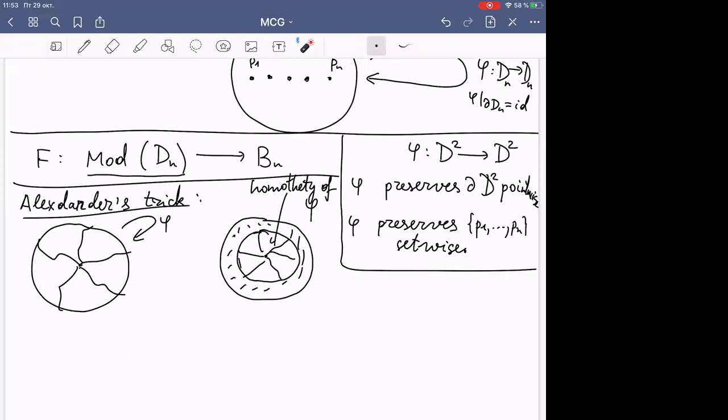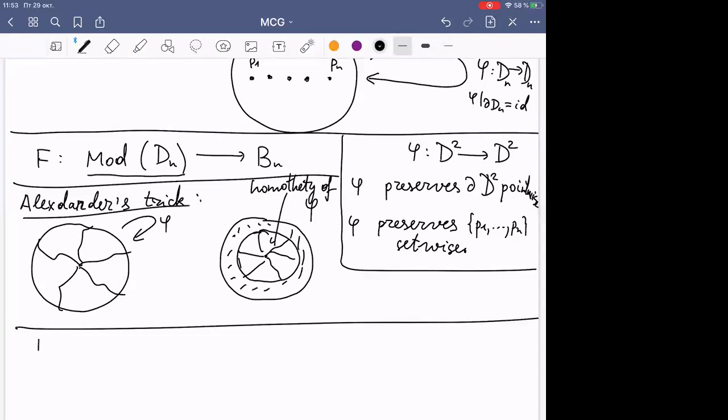What is the difference between just the existence of such an isotopy and a canonical isotopy? Consider the group of homeomorphisms of the disk preserving the boundary.